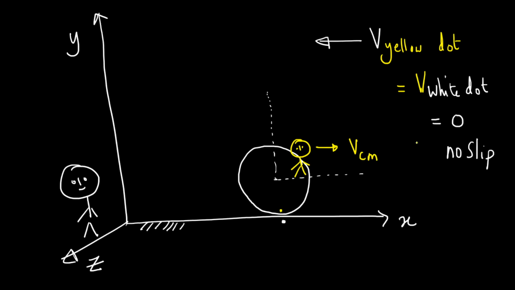It's like he's sitting on a car which is moving forward with the velocity vcm, and you ask this observer what he is seeing of the disk. The disk is moving in pure circular motion, and according to this observer the velocity of the yellow dot is in this direction, equal to r omega at that instant.